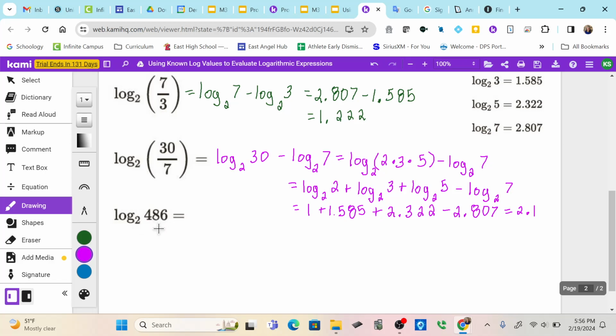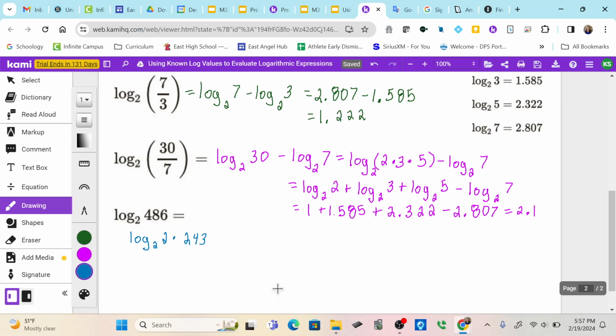And it does not. What is 486 divided by 2? 243. So I could write this as log base 2 of 2 times 243.